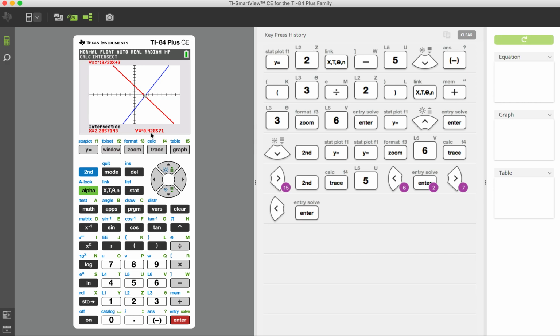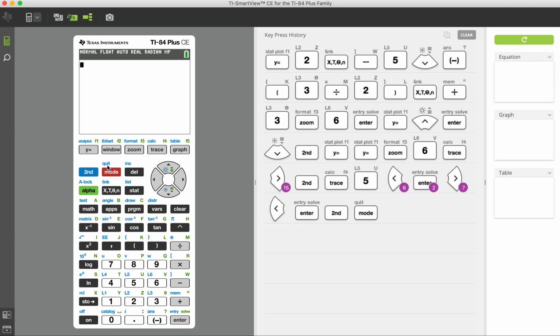And our calculator also does that for us, just with a couple different buttons. So what we're going to do is go back to our calculator page. So quit out of this screen by doing second mode so we can quit. And what you're going to do is basically say, I want to turn my x into a fraction and my y into a fraction.